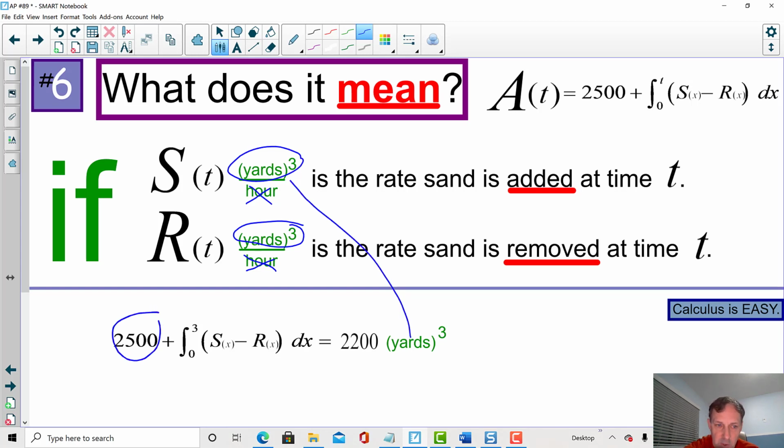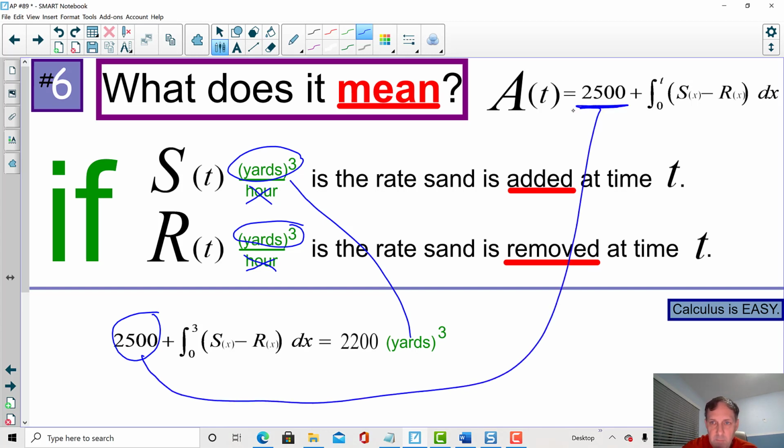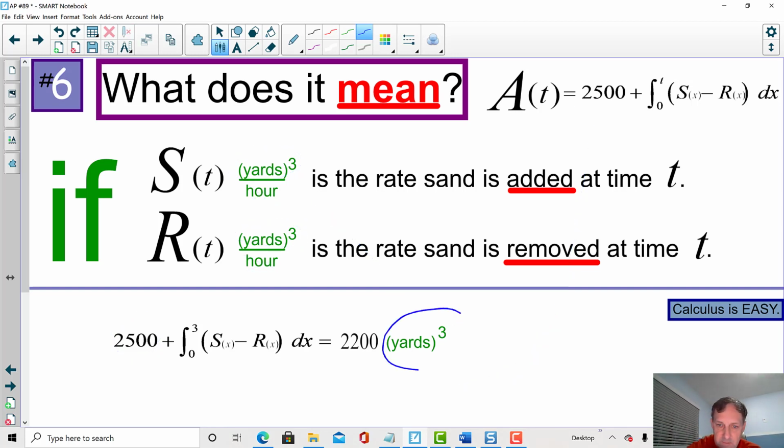This one also has cubic yards for units. This is the amount that you started with. You started with 2,500 cubic yards of sand on the beach. So that's the reason that our final answer is going to have cubic yards of sand. But again, this is the important thing right here. This is kind of telling you that it's probably the total change theorem.